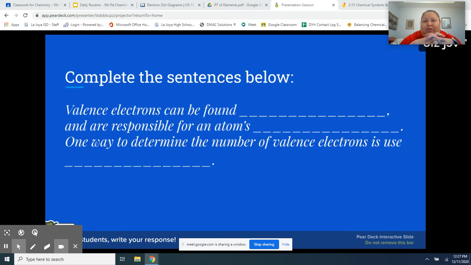Or option 3, will I find valence electrons in the outer, highest energy level? What do you think? 1, 2, or 3? Where am I going to find these valence electrons? Pick one.